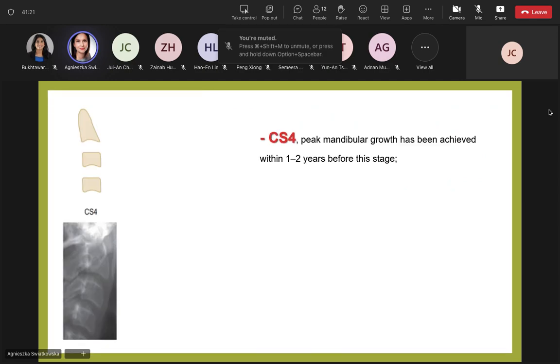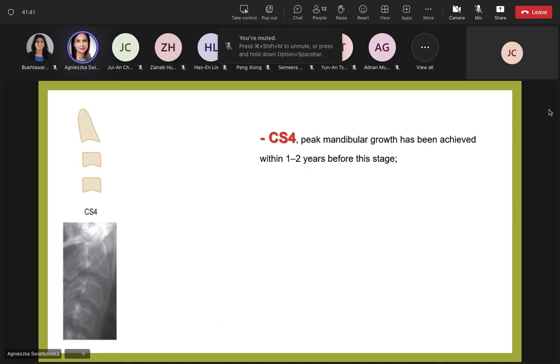And stage 4. Stage 4 is the situation when the patient finishes the most intensive growth. It doesn't mean that the patient will not grow. We still will observe the growth of the patient, but it will not be as intensive as earlier.